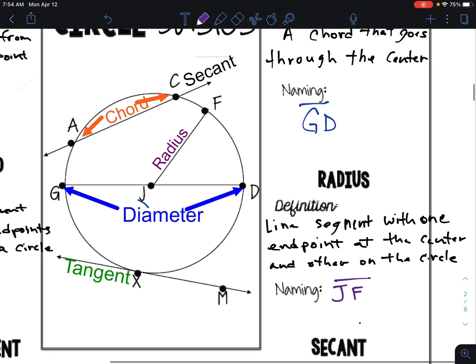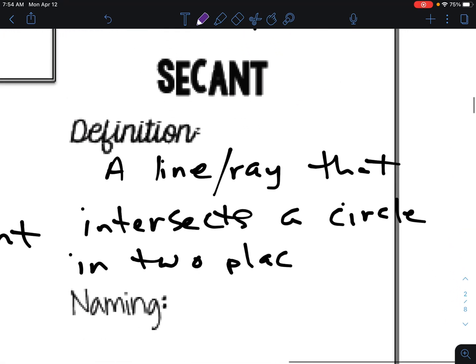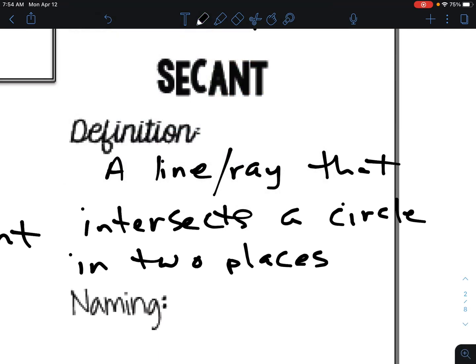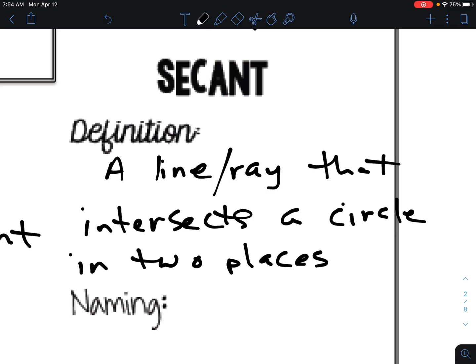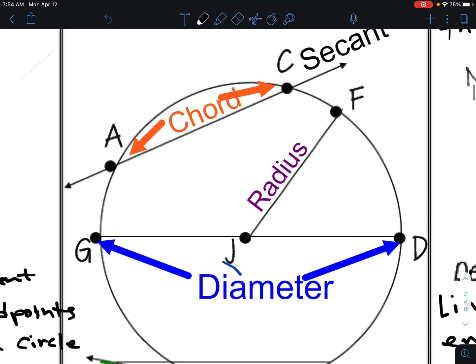And then now we have two other new words that we're going to talk about. The first one is a secant. A secant is a line or ray that intersects a circle in two places. So it's like a chord. A chord has its endpoints on the circle. A secant goes through and intersects. So we have the secant, the entire line that crosses.